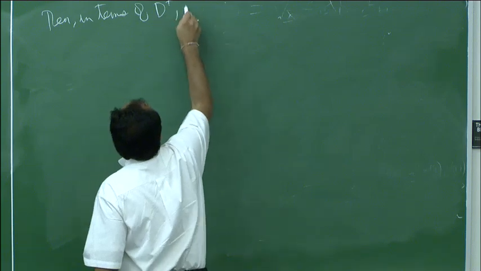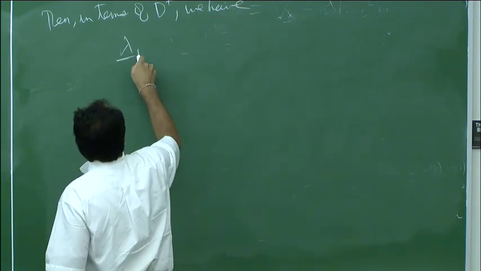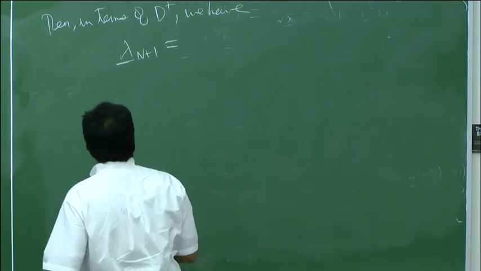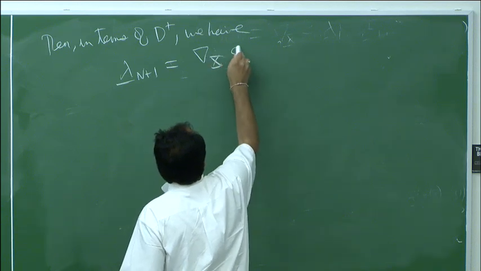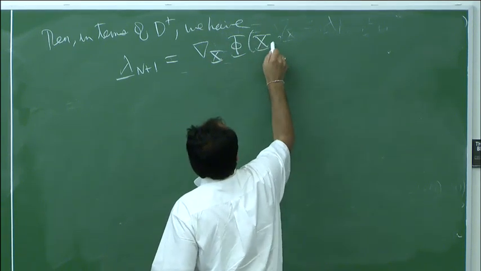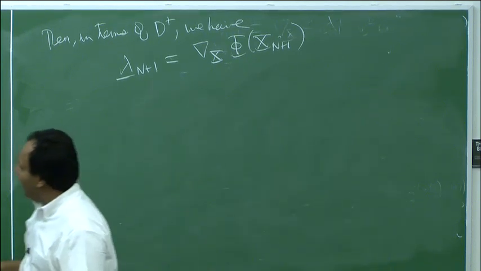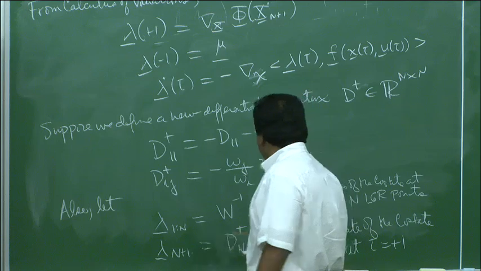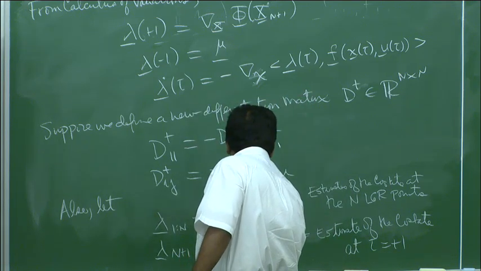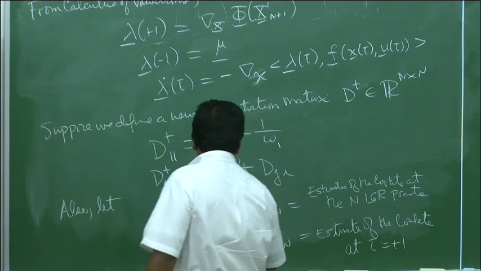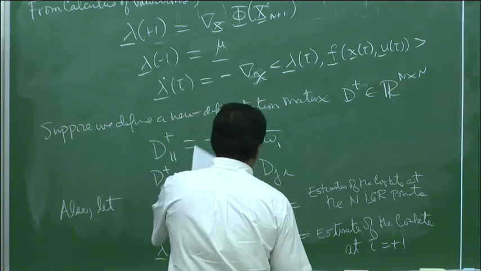So if I do this, then in terms of D dagger, the first one just becomes lambda N plus 1 is equal to gradient with respect to x of phi of x N plus 1. That comes out simply because we've defined the final value of the costate to be, this is not a dagger, this is a transpose, the transpose of the last column of the D matrix with these multipliers.